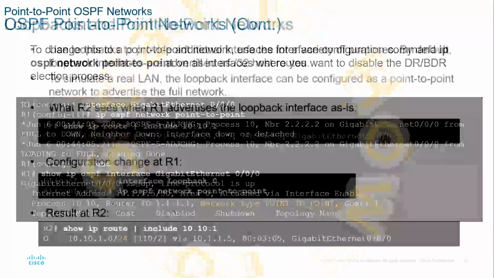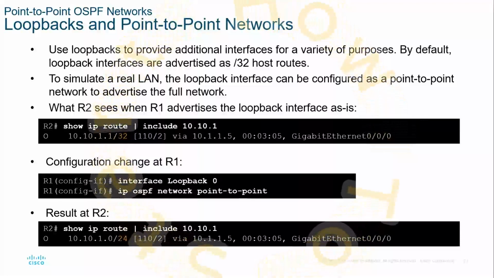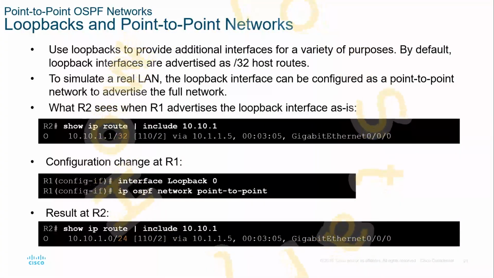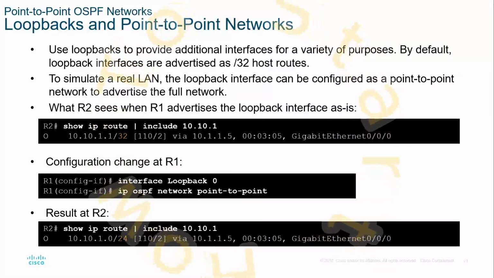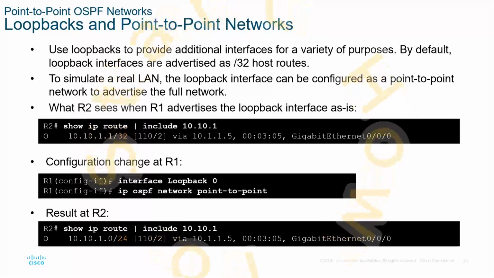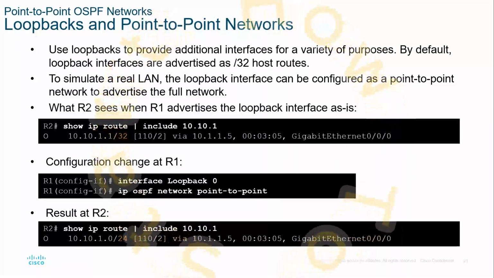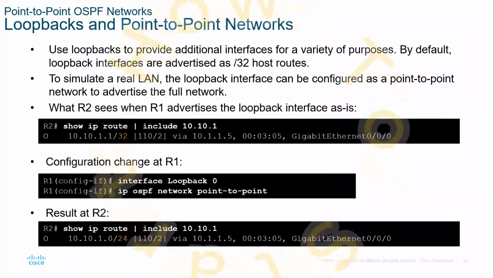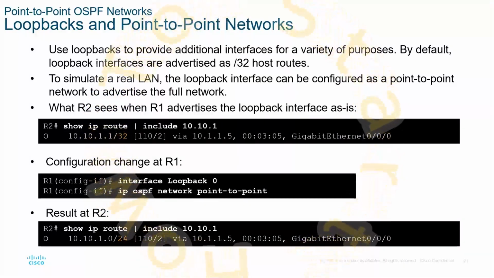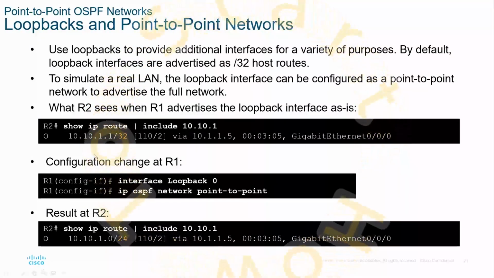So let's talk about the use of loopbacks to provide additional interfaces for a variety of purposes. To simulate a real LAN, you could use a loopback interface. If you do a show ip route and include our loopback address, we can see that when R1 advertises its loopback address, we're getting that /32.